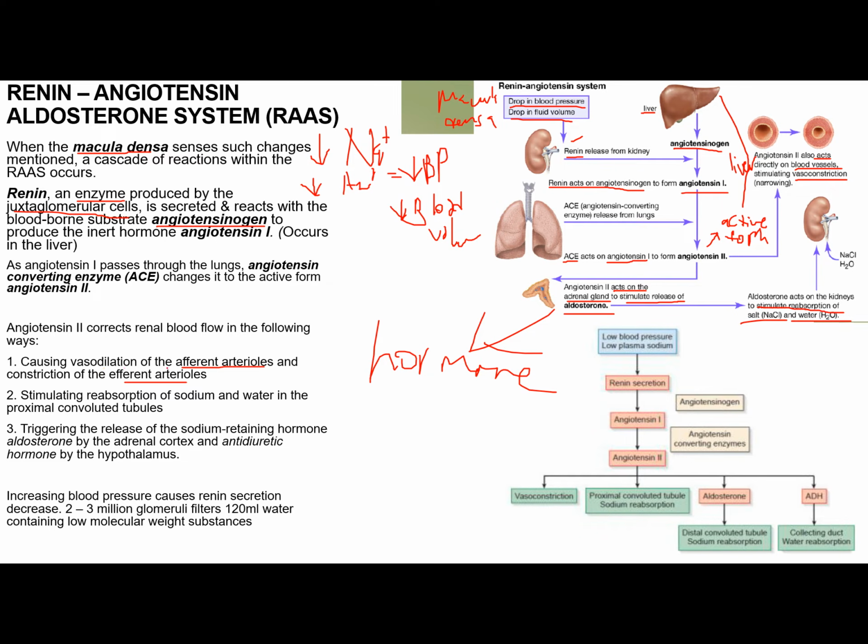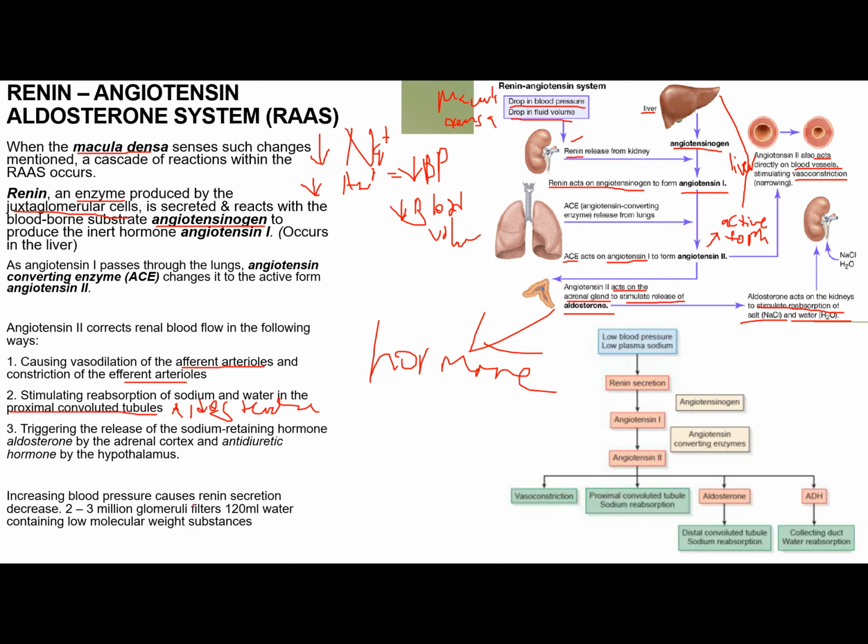Causing vasodilation of the afferent arteriole, constriction of the efferent arteriole, stimulating reabsorption of sodium and water in the PCT by the help of aldosterone. Triggering the release of sodium-retaining hormone by the adrenal cortex and ADH by the hypothalamus.